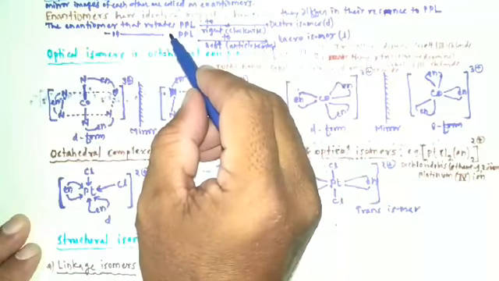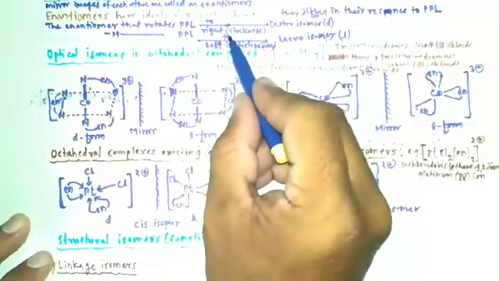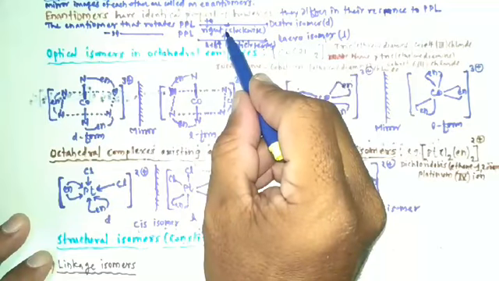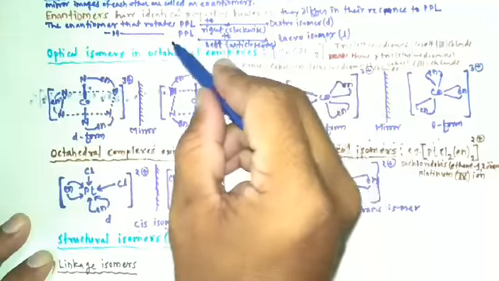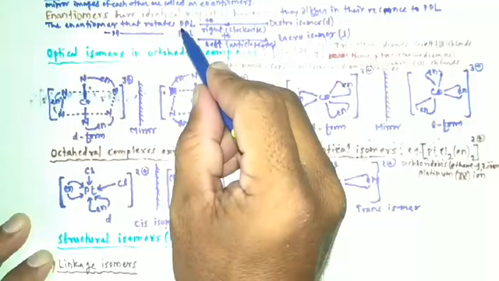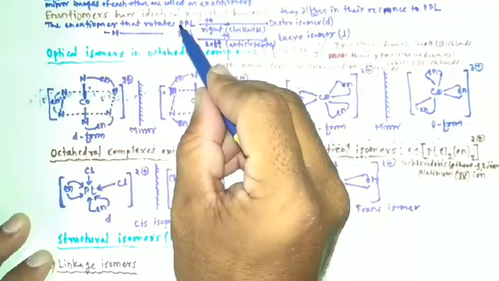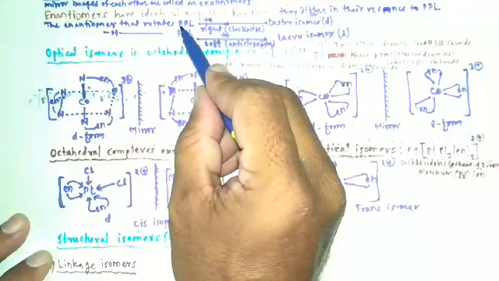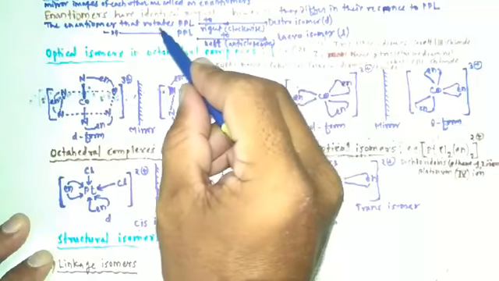Square planar complexes do not show enantiomers since they have a mirror plane or axis of symmetry. Listen carefully.